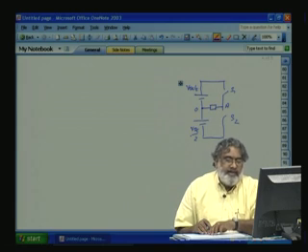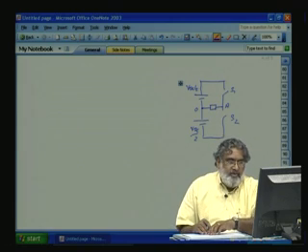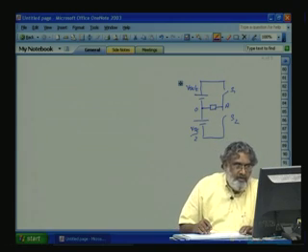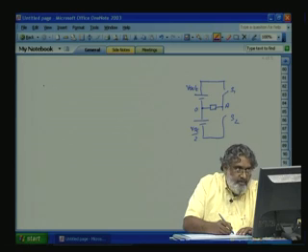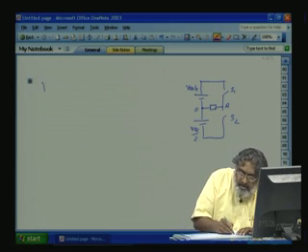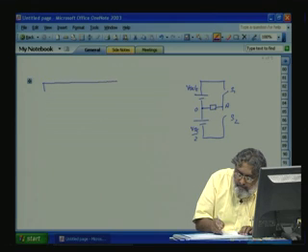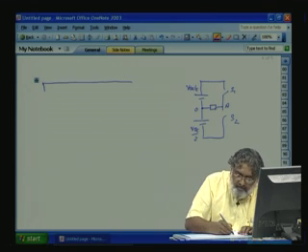We are using sine triangle PWM, and so we will have a triangle waveform of fixed amplitude. Let us draw it. This is our triangle waveform.